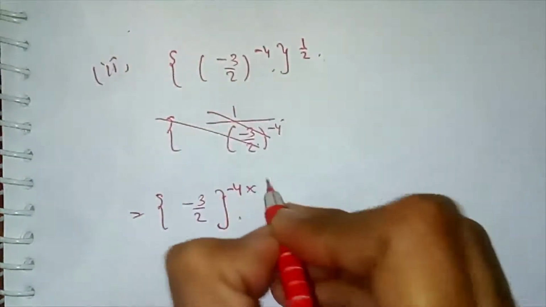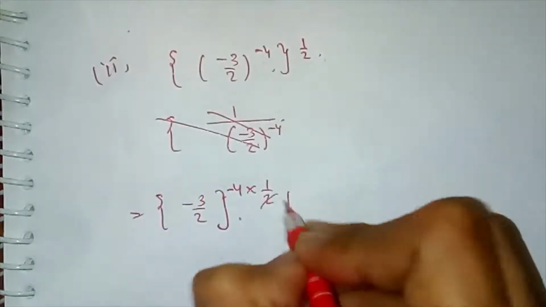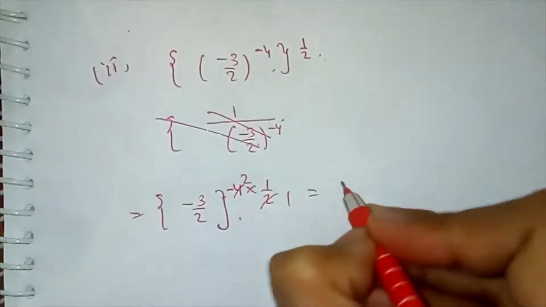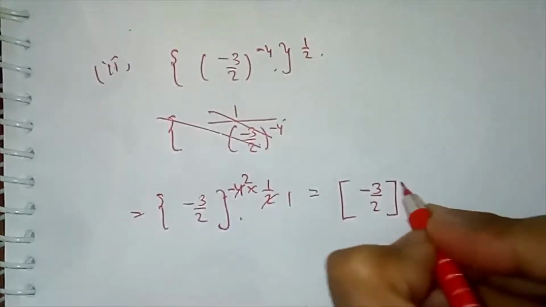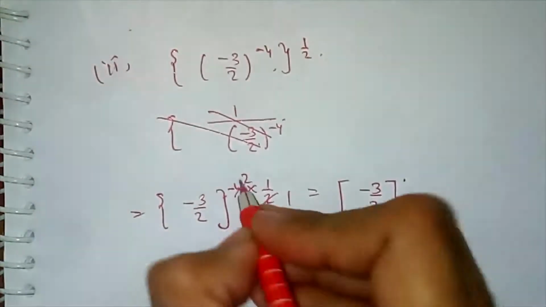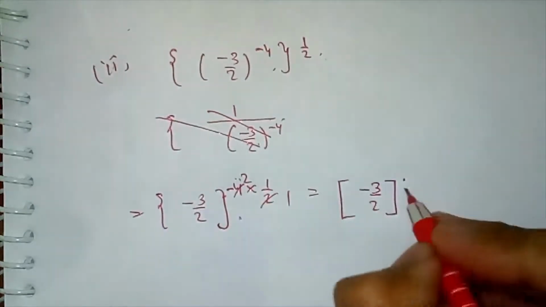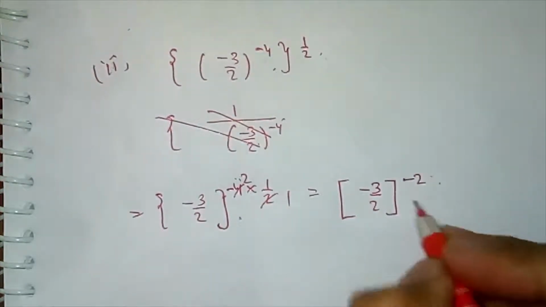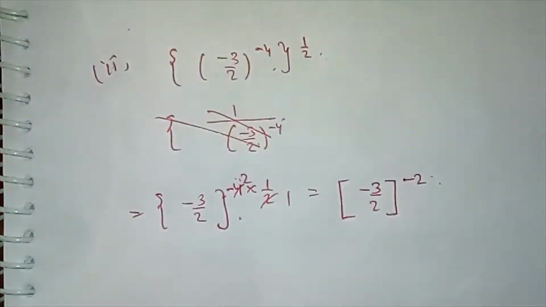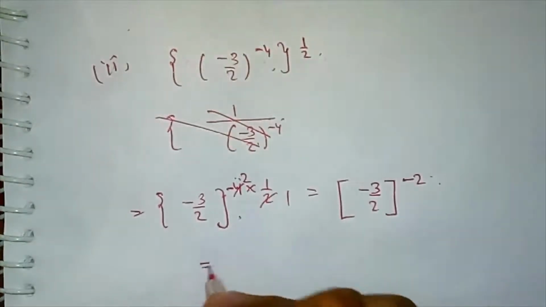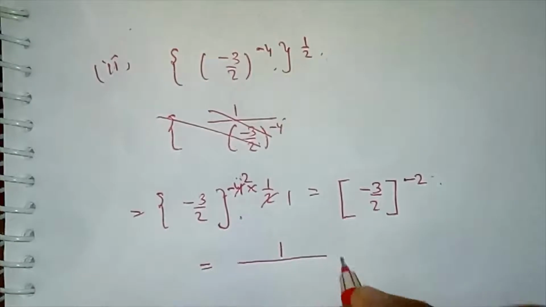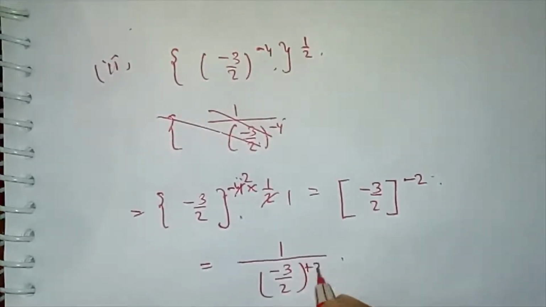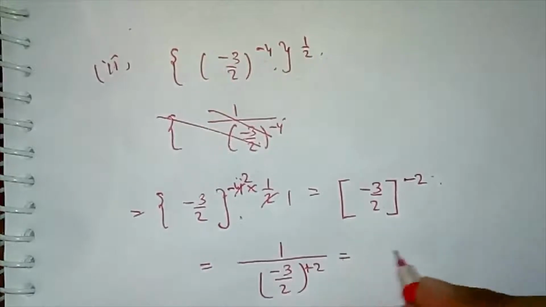Minus 4 into 1 upon 2, 2 1s are 2, 2 2s are 4. We will get minus 3 upon 2 to the power minus 2. Minus 2 into 1 is minus 2, and upon 1 is 1. So now it's easy to solve. 1 upon minus 3 upon 2 to the power plus 2, and here we will solve it.